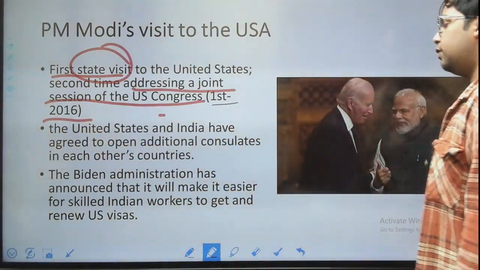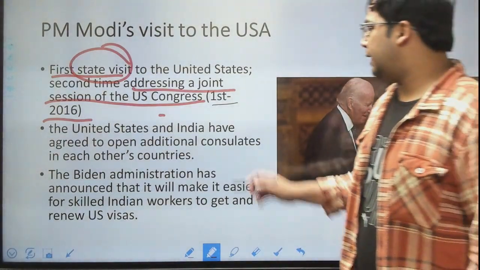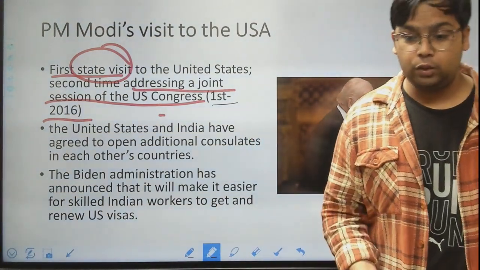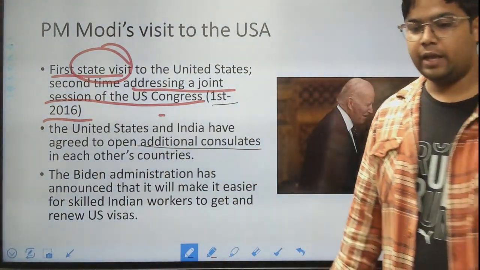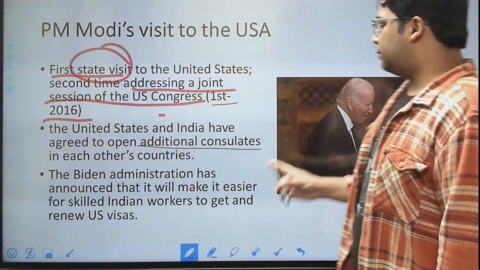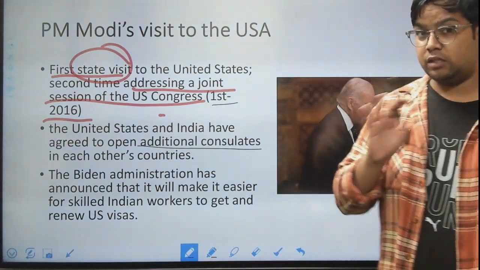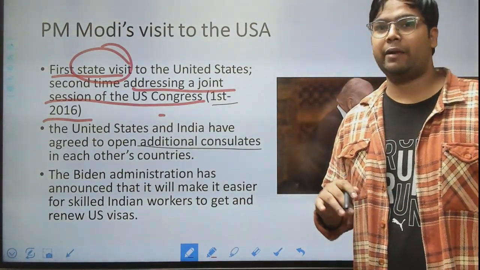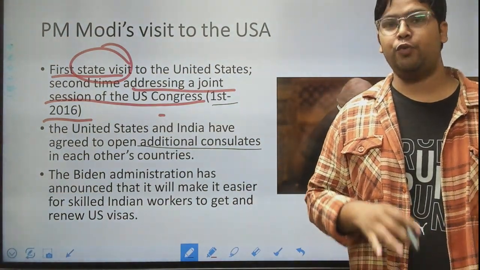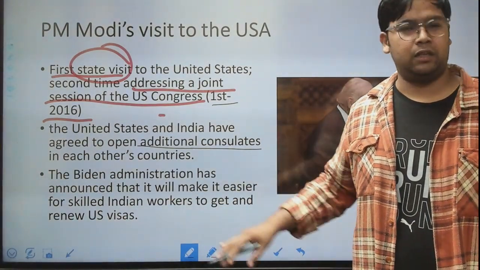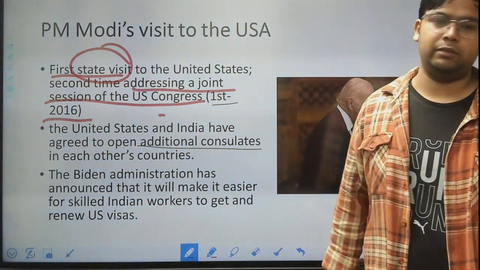Okay. Apart from that, US and India have also agreed to open additional consulates in each other's countries. And the Biden administration, now this is a very important concern that has been on Indians' minds for quite some time, that the issues of US work visas were very prevalent, especially during the Donald Trump administration.